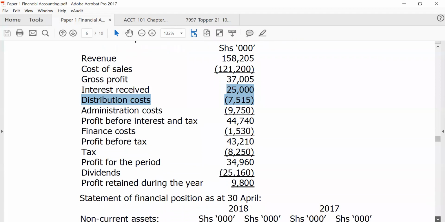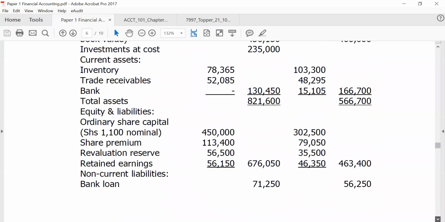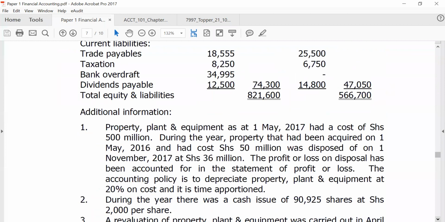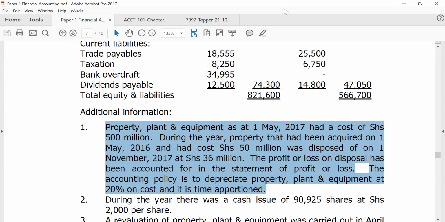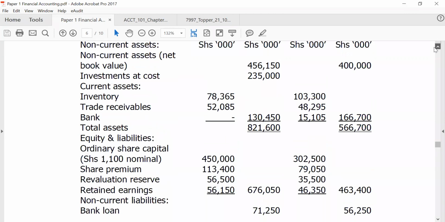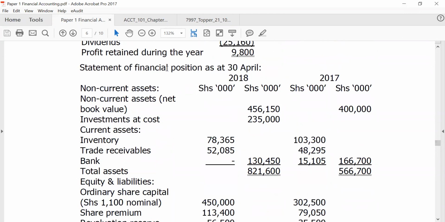So what I'm going to basically do is reread this text down here and do a T account and use the information I have to determine it. Definitely, you would say that the depreciation would have appeared under our statement of financial position, but by presentation, they only gave us the net book values. So we cannot easily determine depreciation.